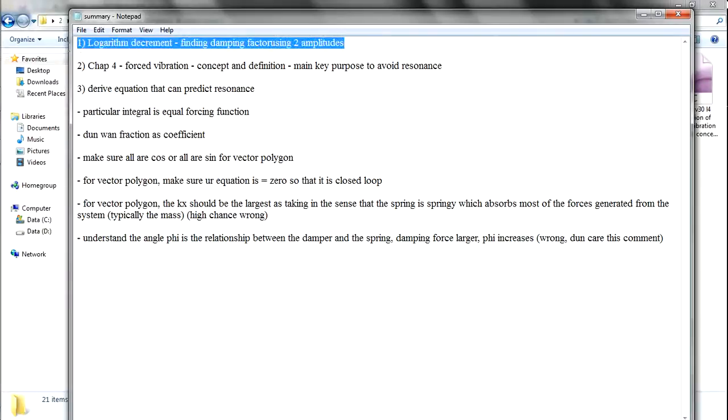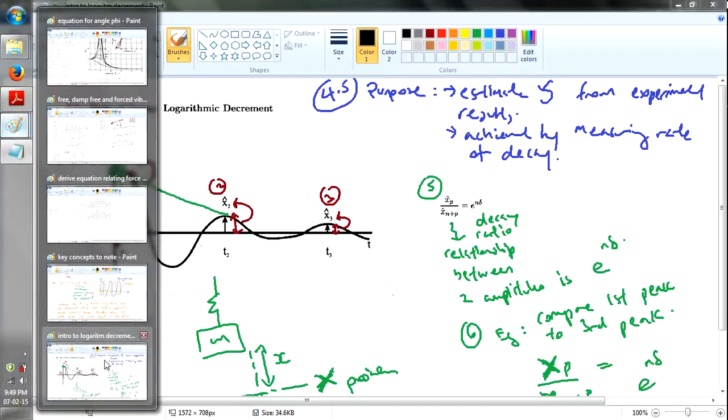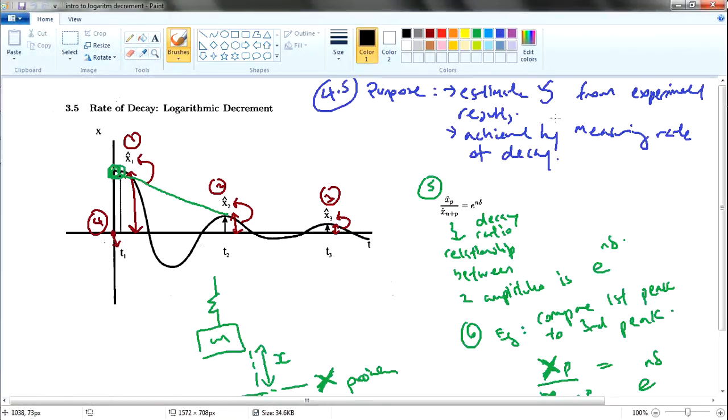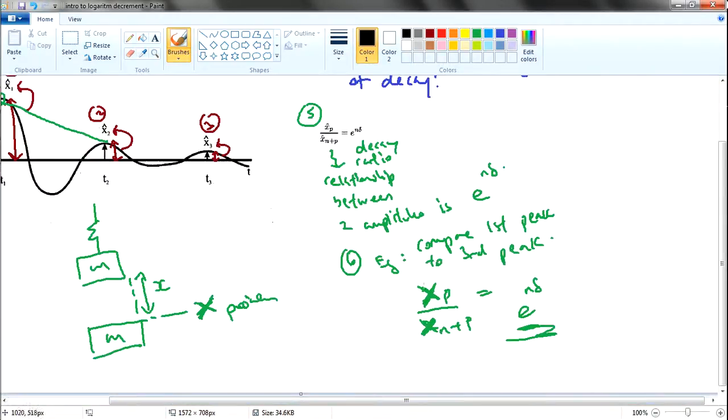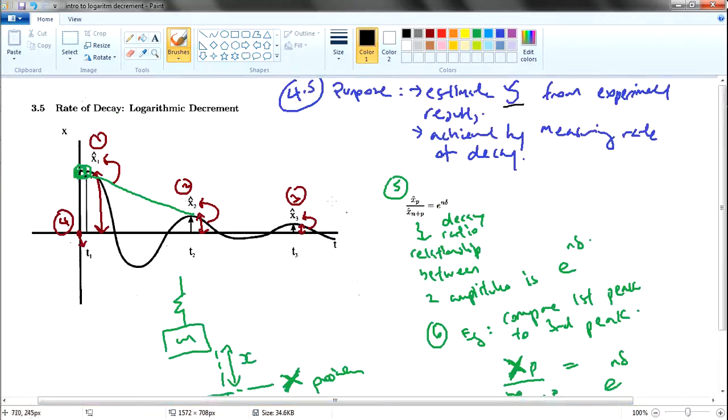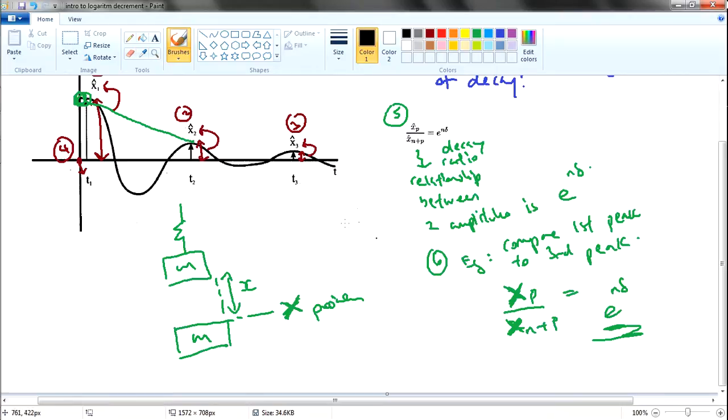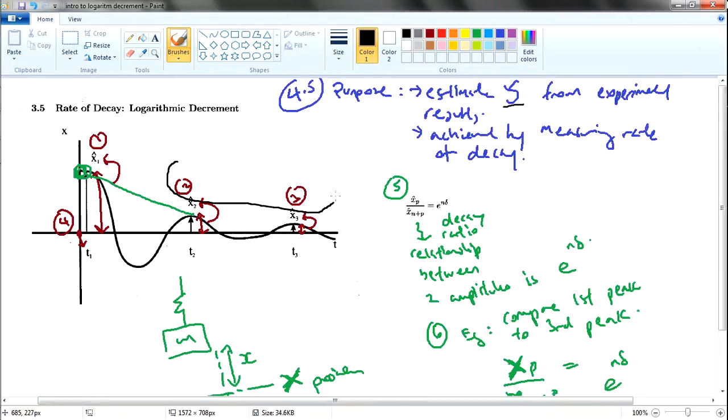In lesson 4 we talk about the logarithmic decrement. We say that it is for estimating the damping factor from experimental results by using this formula, if you remember. So x and x_{n+p}: let's say you pick point 1, n is how many points from your original point.